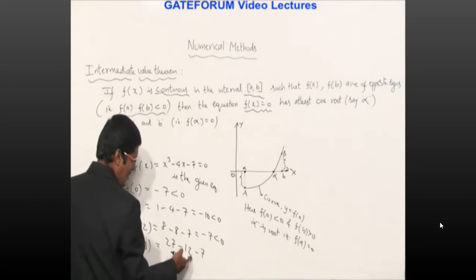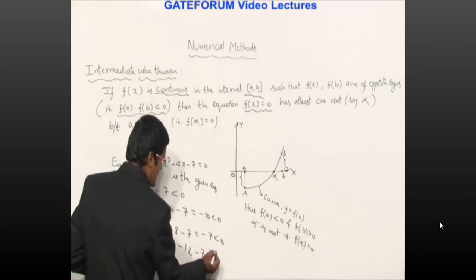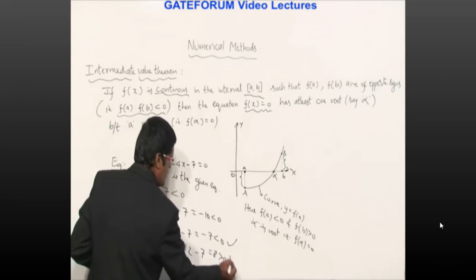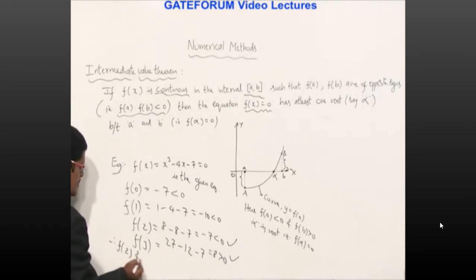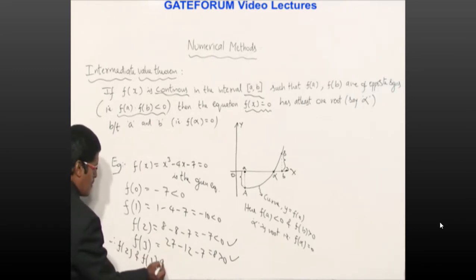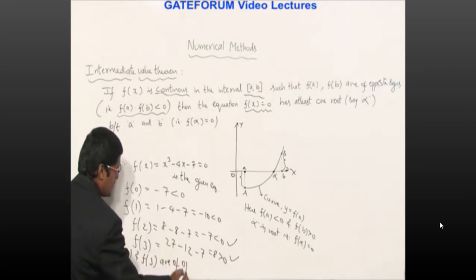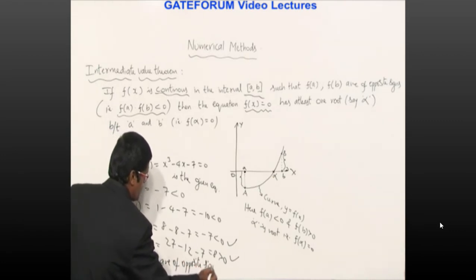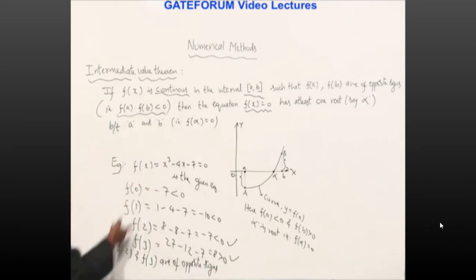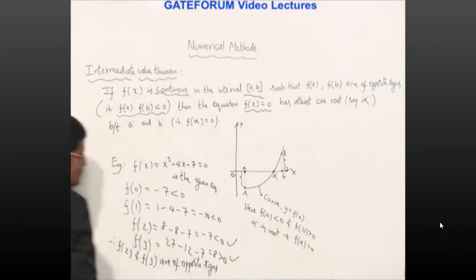So 27 minus 19, that is 8, greater than 0. So these are two consecutive function values having opposite signs. Therefore f(2) and f(3) are of opposite signs. Hence, this equation has at least one root between 2 and 3.